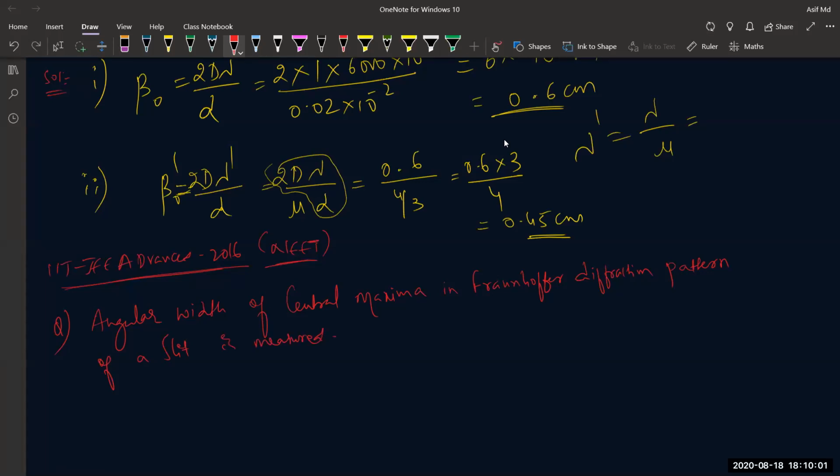First, the slit is illuminated by light of wavelength 6000 angstroms.